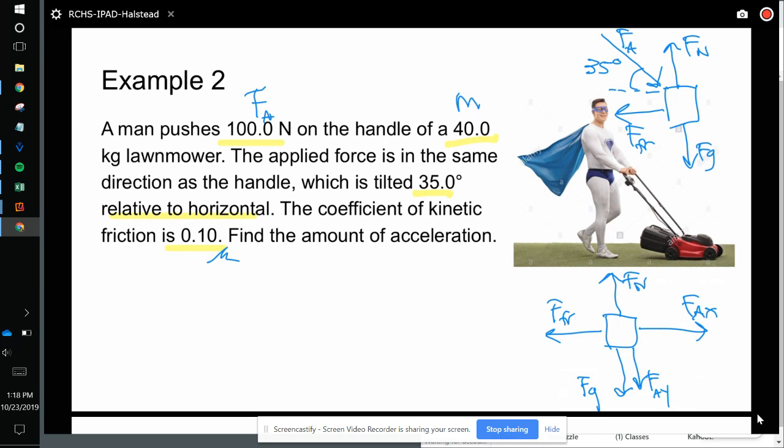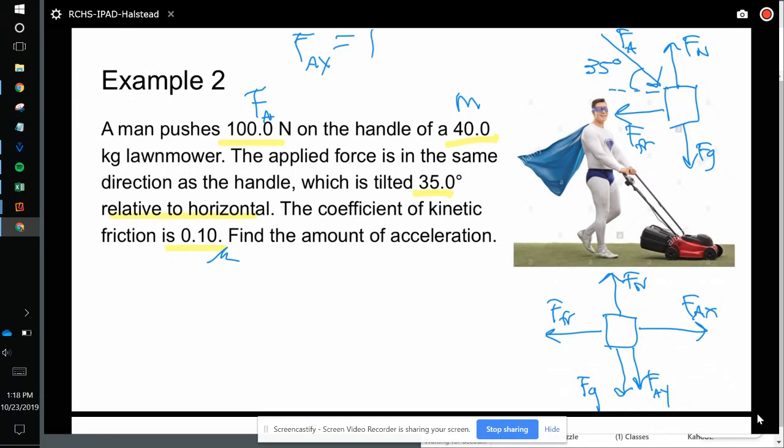So now what I have to do is split that applied force up into x and y components. So I'm going to do that up here. So force applied x is going to be, I can see here that the x component of that applied force is the adjacent side to that 35 degrees. So therefore it's going to be the cosine of the angle.